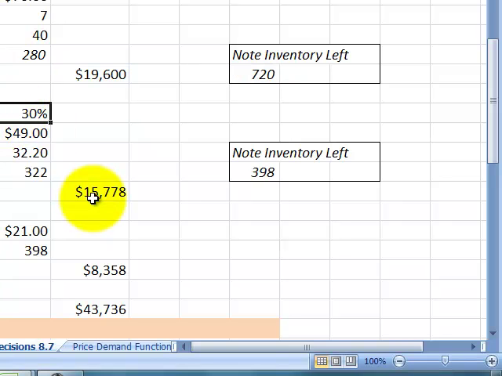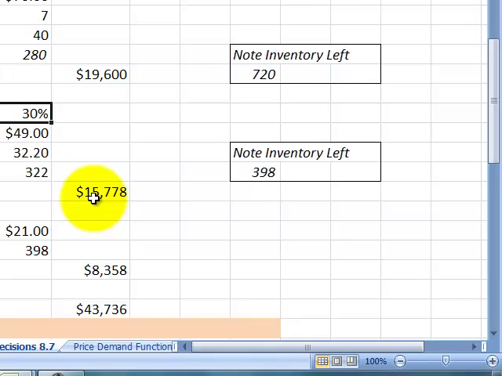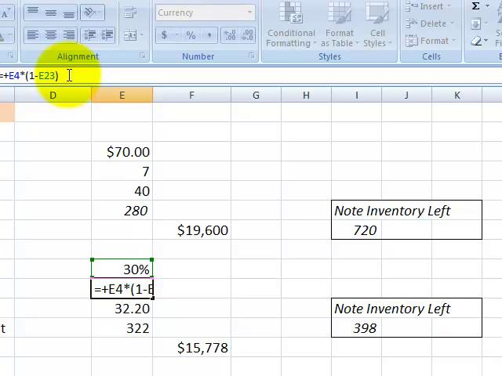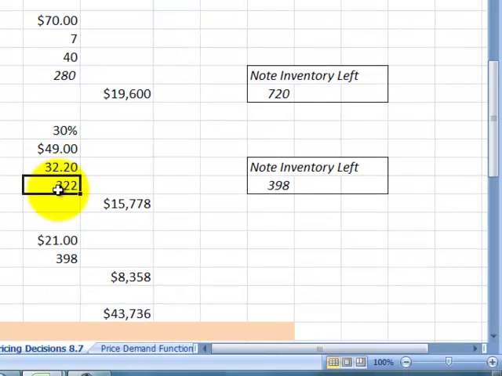Now at discount price, we're discounting it by 30%. So our price is going to be full price times 1 minus the 30%, because remember, the full price is 70% of the original price, so it's 1 minus the discount. Then we take that price and put it into our demand function. It tells us how many units we sold.